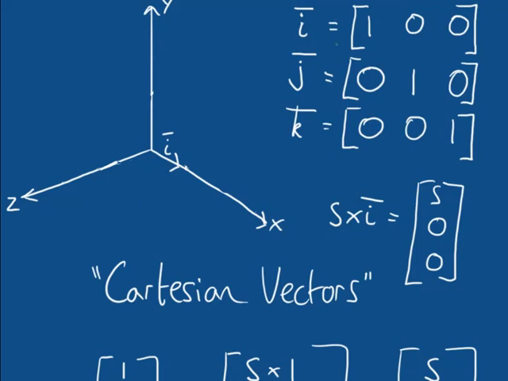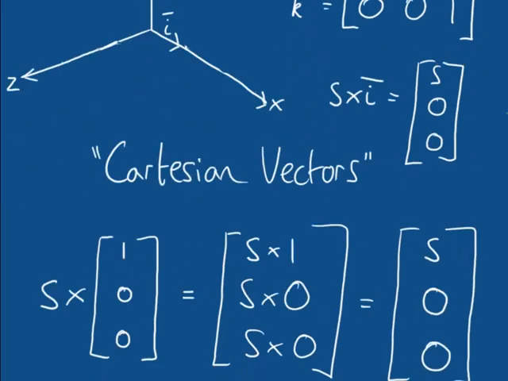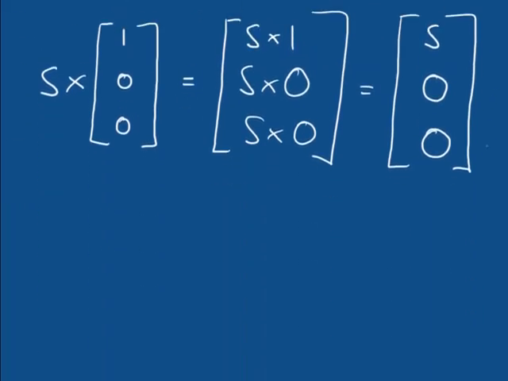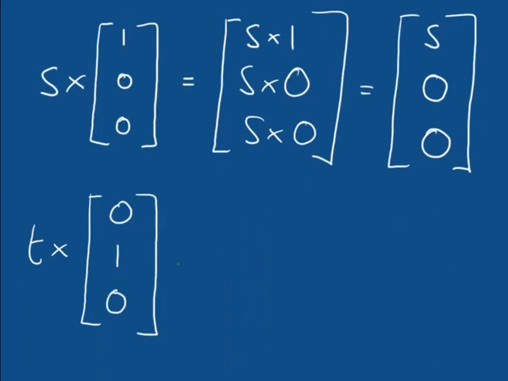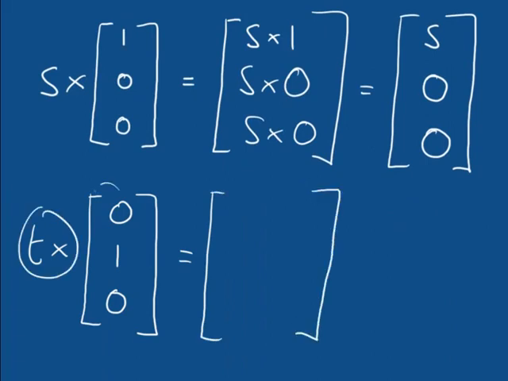If we repeated this process for j and for k, if I had some other scalar, so instead of s, let's say I used t, and I multiplied t by our j vector, which we know is 0, 1, 0, I'm going to get, and I'm going to skip out the middle stage here because it's quite obvious, t times 0, which we know is 0.